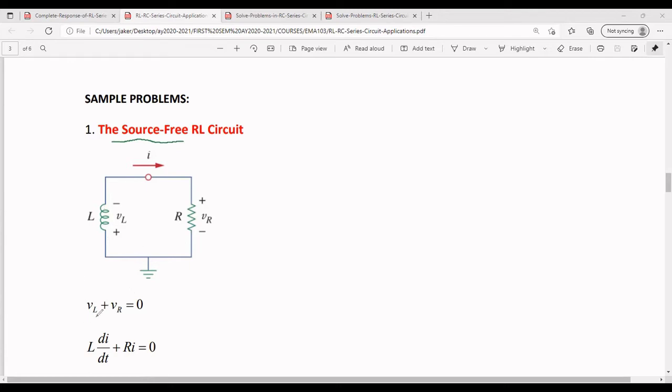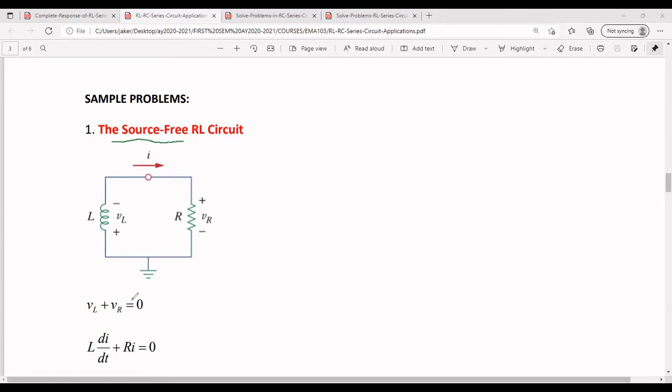We have one for the inductor and one for the resistor. Since it's a source-free circuit, we don't have any voltage source, so it's equated to 0. If it's not source-free, then we have to add on the left side our voltage for the circuit.